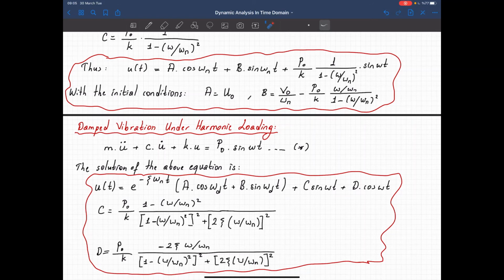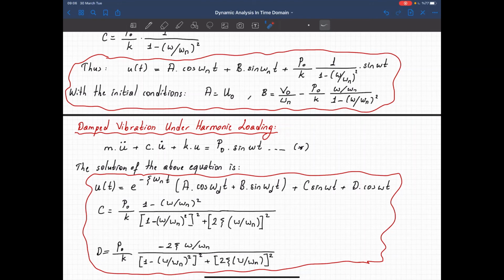We were able to get this solution because our loading is a simple harmonic loading. As I said before, as the load becomes more complicated, sometimes we can obtain a solution and sometimes it's not solvable. That's why when we have a dynamic case, we prefer to use numerical methods.